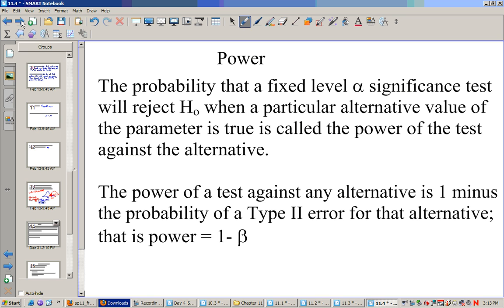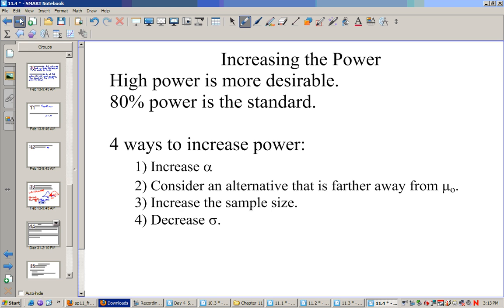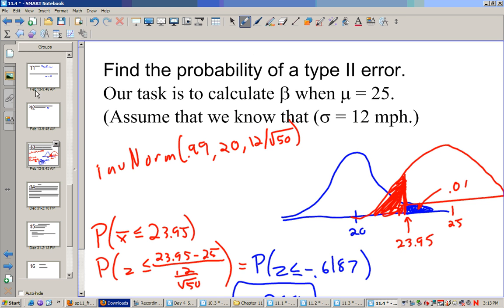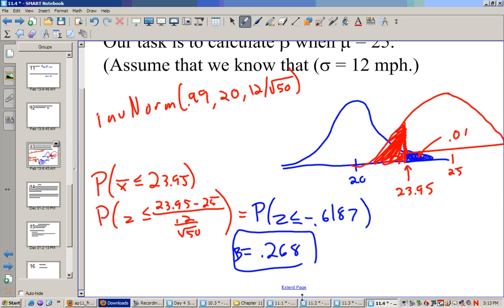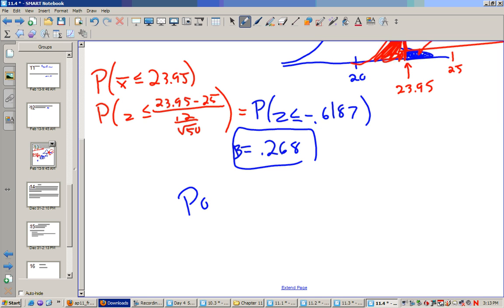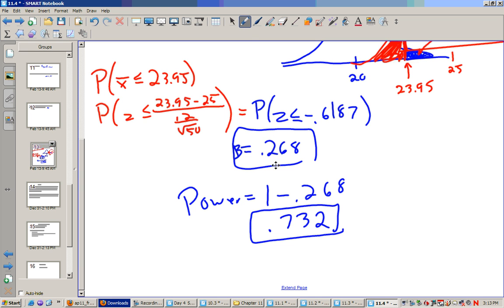The power of a test against an alternative is 1 minus the probability of the type 2 error, so 1 minus beta. So in our previous problem, power is equal to 1 minus 0.268, which is 0.732. So that is our power.